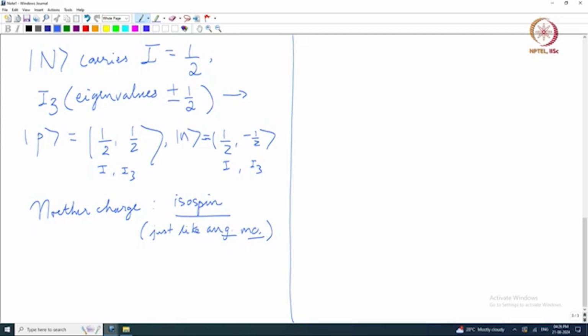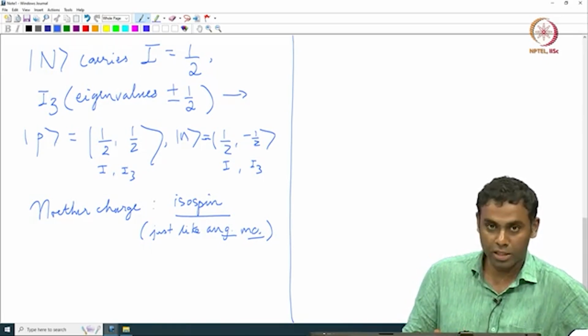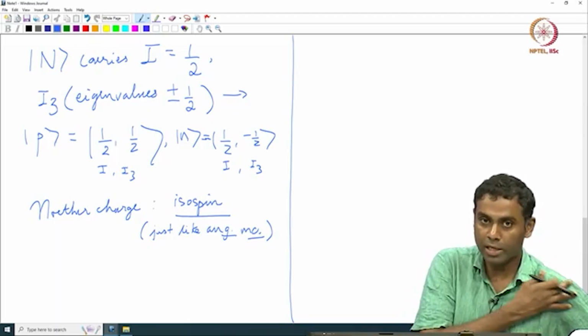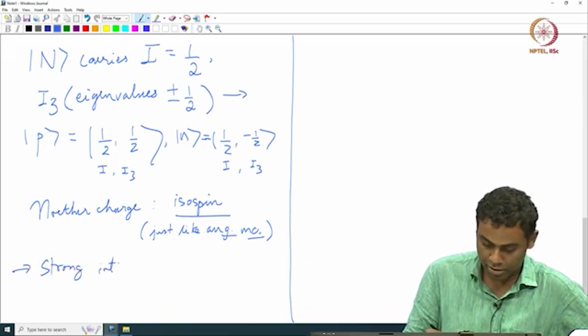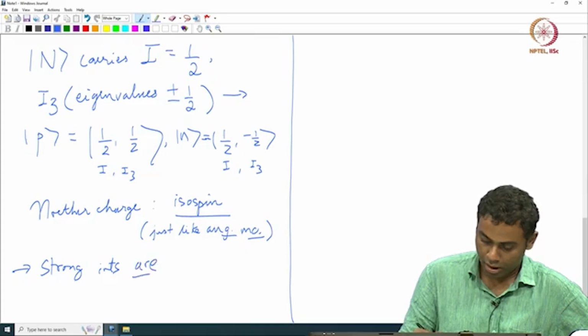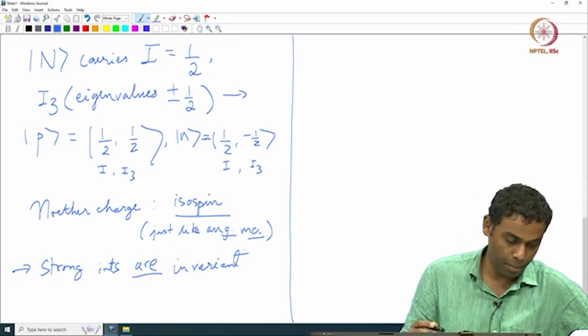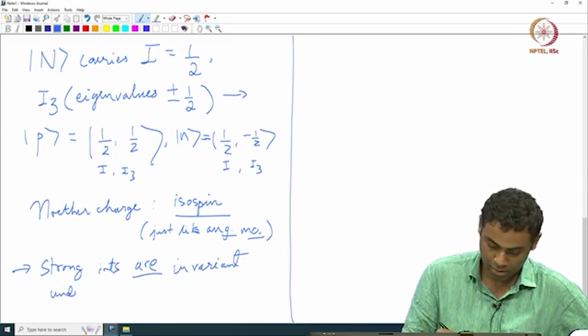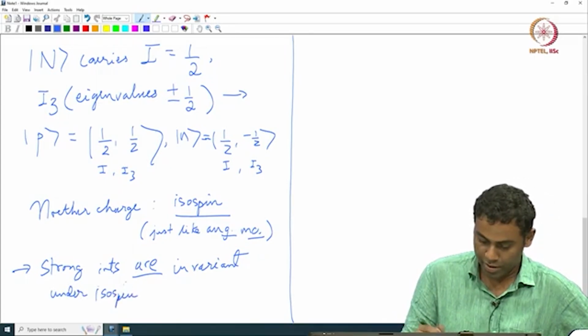It turns out that there is a Noether charge associated with at least one interaction that we know of, and that is the strong interaction. In other words, the strong interactions are indeed invariant under isospin rotations.